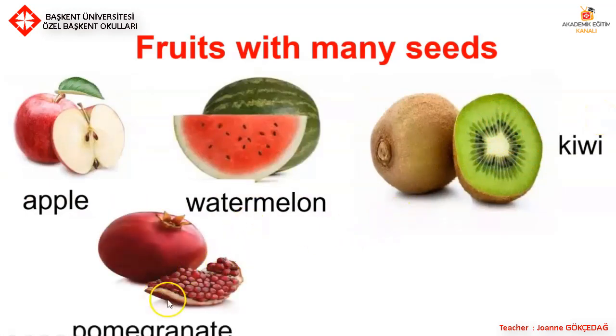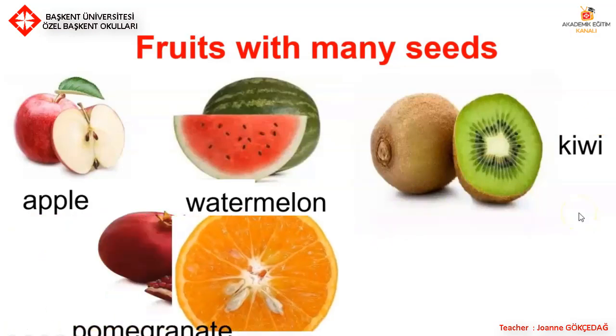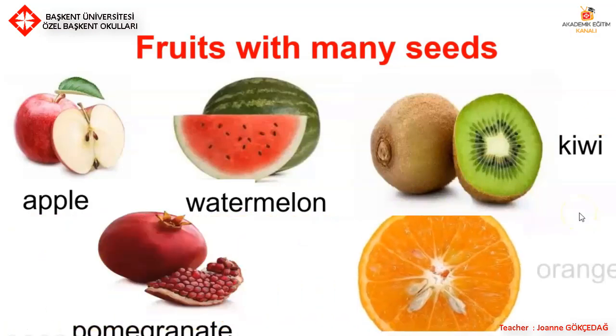Pomegranate, lots of seeds. And an orange. If you think back to the fruits with one seed and the fruits with many seeds, how are they different? Yeah, fruits with one seed, the seed is big. Fruits with many seeds, the seeds are a lot smaller.